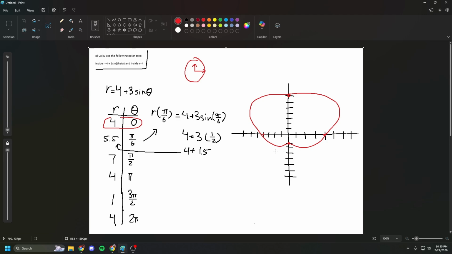So for example, if we plotted 4 pi over 3, that means that sine is negative root 3 over 2.